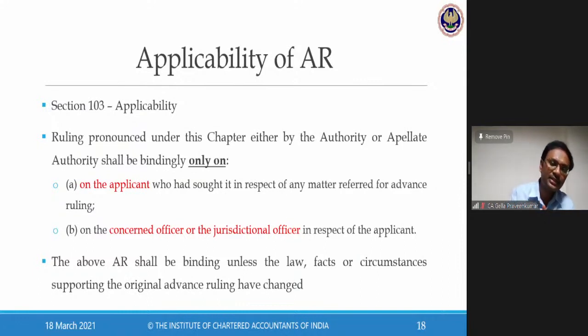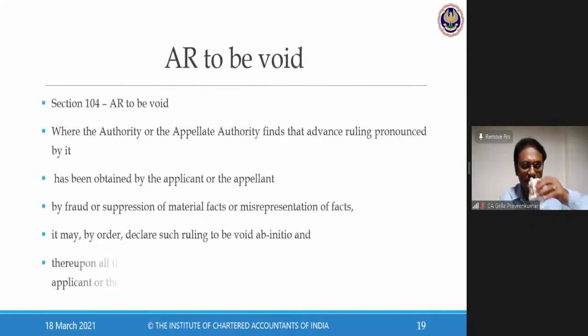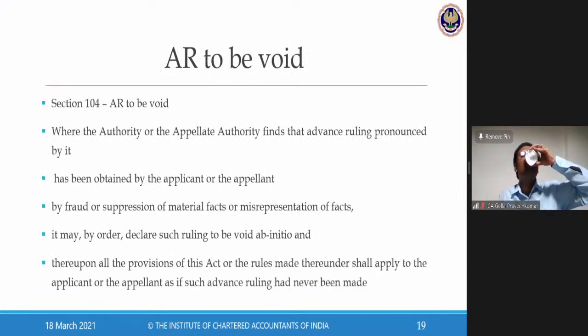The above advance ruling shall be binding unless the law, facts, circumstances, or any other aspects change. Now, an advance ruling can be void. What do you mean by void? The advance ruling is null and void, ineligible. Why?